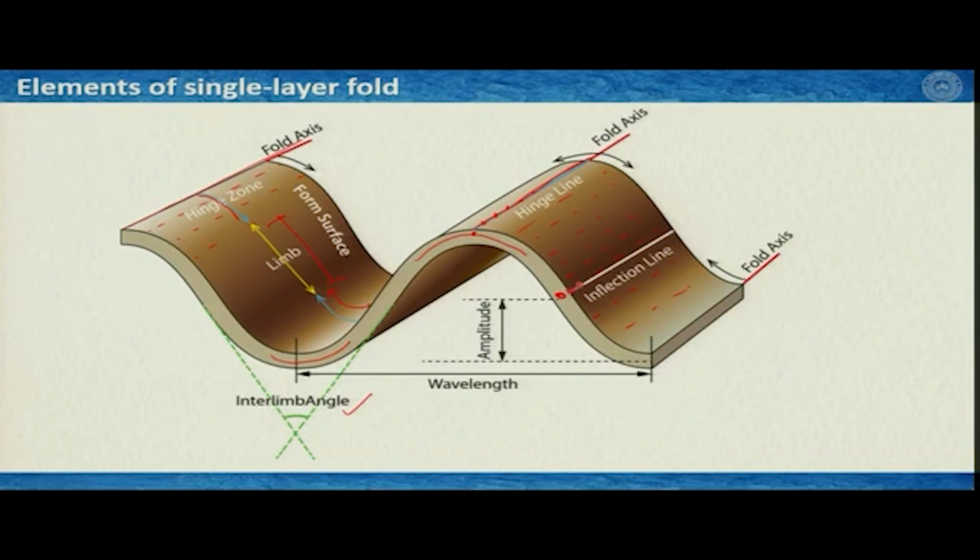Similarly to the hinge points, if you connect successive inflection points on this surface, then you get inflection lines. So, this is how you construct the 3D geometry of the fold. We learned the fold axis, the hinge line, the inflection line, and we also have seen the interlimb angle. Two terminologies are written here, amplitude and wavelength. We will learn them in the next slide.